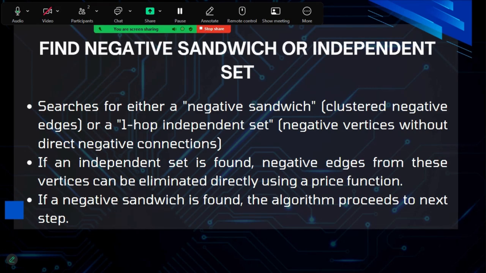If we find a group of vertices forming a sandwich, then we reweight to make it R-remote. Remote here means that its effect is limited to a small part of the graph, meaning that it only affects a small number of vertices. So this is how the negative sandwich and the independent set part of the algorithm works.